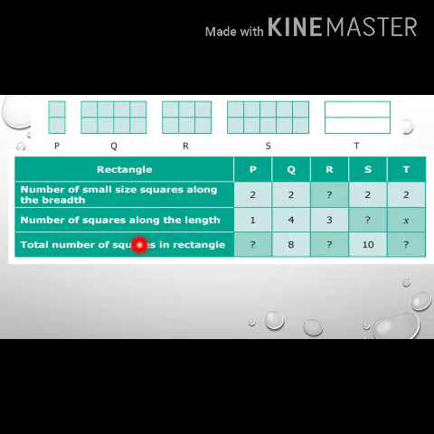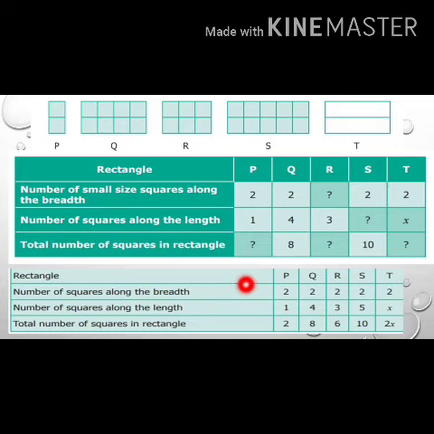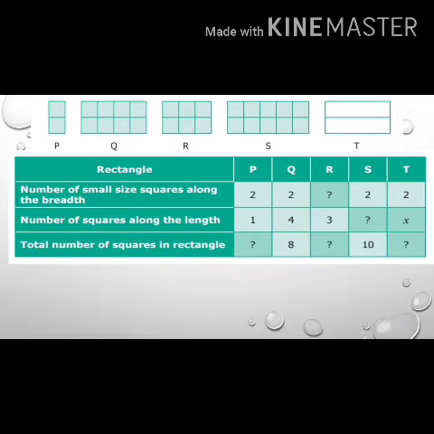How many squares along the length? Only 1. You have to find the total number of squares in the rectangle. How many? 2. See, 1, 2. So, 2 squares are there in the rectangle. Let's check. Then, in Q, all the details are given.